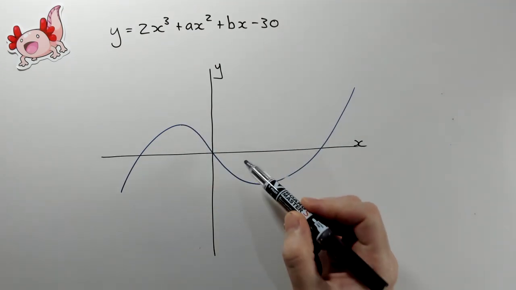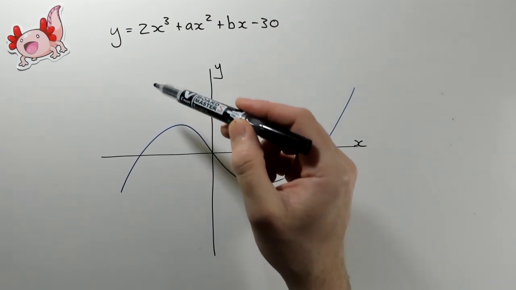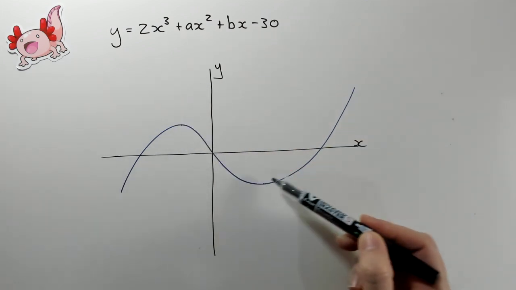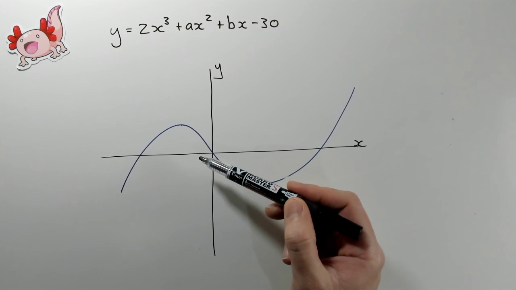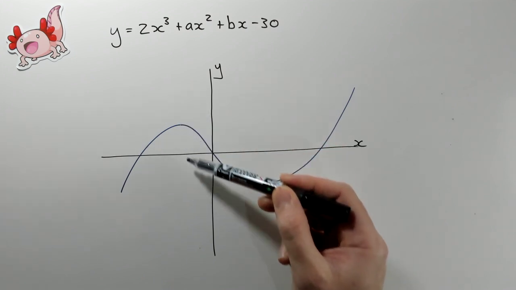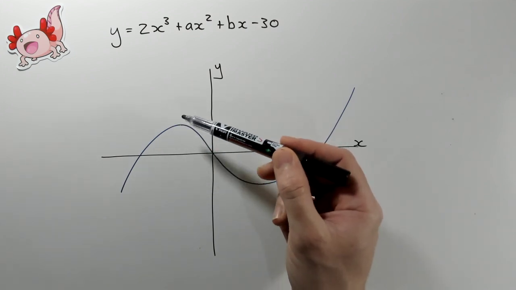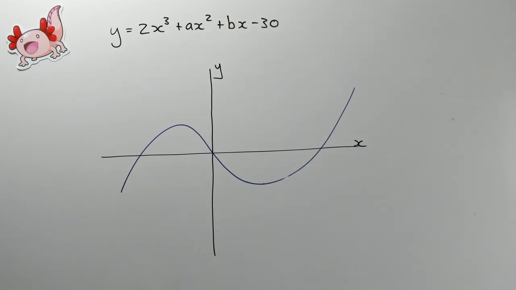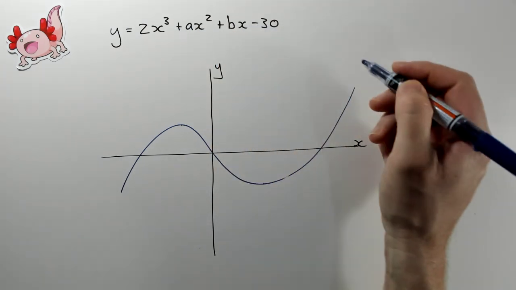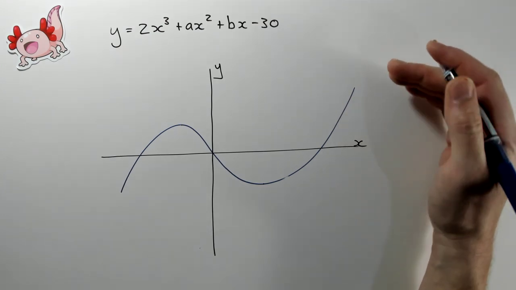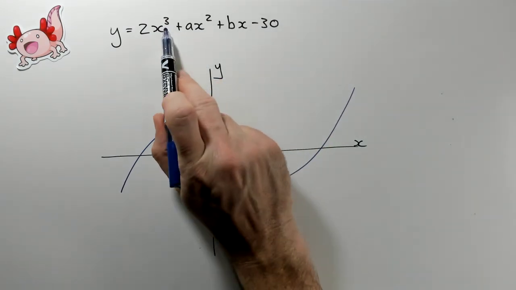But if I then had to derive this function, the blue function, and graph its gradient function or derivative, what I would see is this: we know this is a cubic function, to the third degree, which means the highest power is a 3.